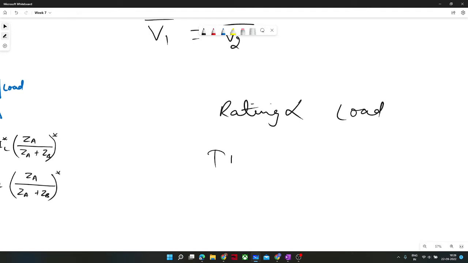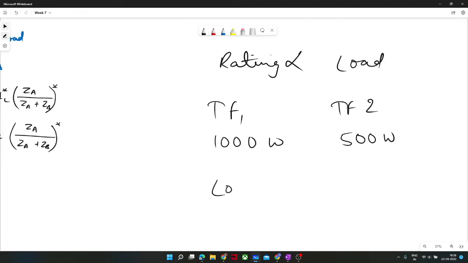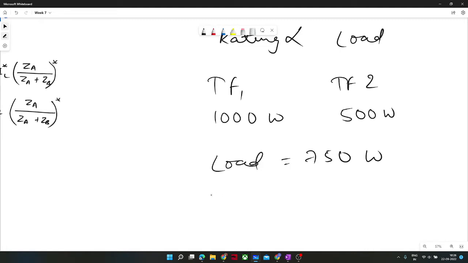Let's say transformer 1 has 1000 watt, transformer 2 has 500 watt, and the load is 750 watt. I am doing just a scalar calculation here.